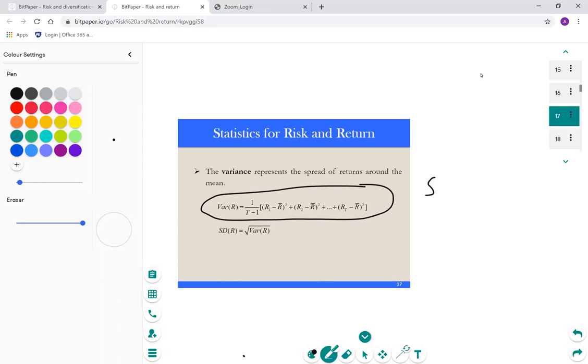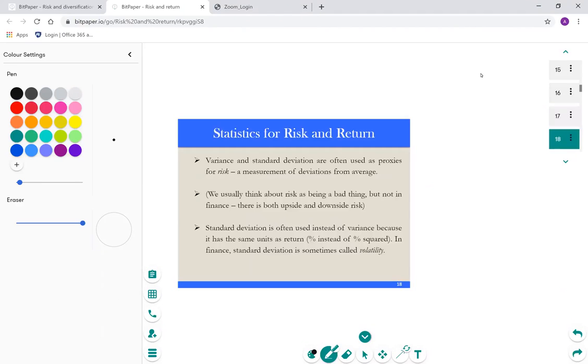I should just be clear, that's the sample variance. And then if you take that sample variance and you take the square root of it, then you get the standard deviation. And typically, standard deviation is what we will use to measure the risk rather than variance.